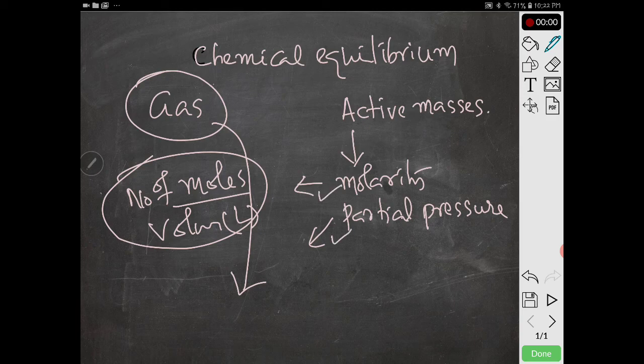In the previous class, we were only expressing in terms of molar concentration. When you put a square bracket, that means molarity. If you are expressing the active mass of a substance using partial pressure, and of course gases can be expressed in terms of partial pressure, then it will be like this.